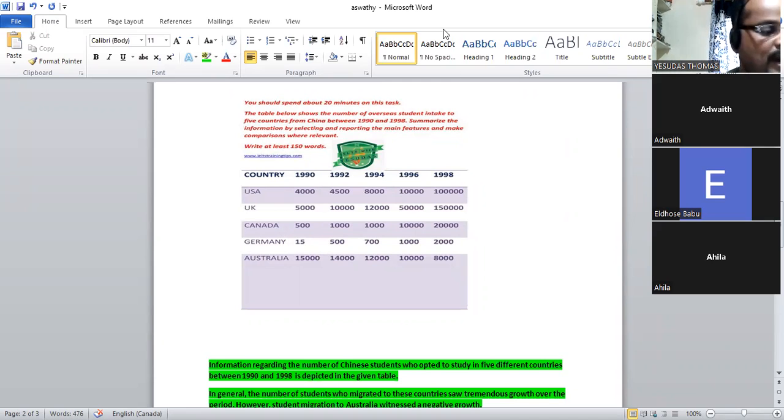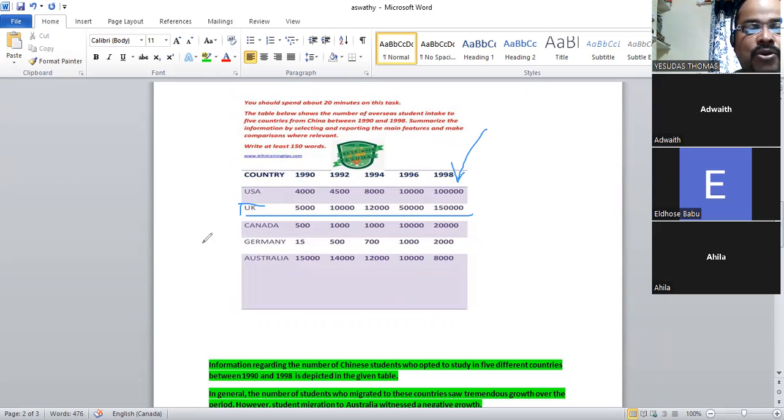First of all, we need to analyze the task. We have to see the main features there. What we can see is the UK had the highest number of student intake between the period. The second country which accepted the most students is the USA.